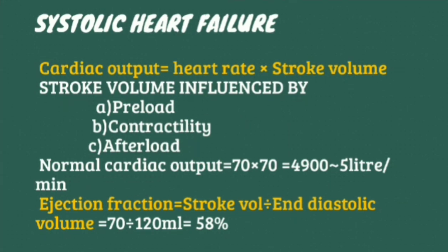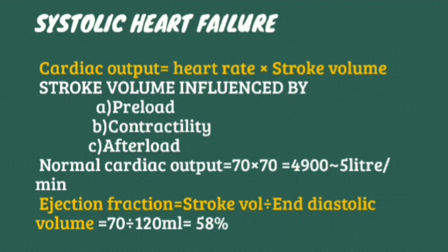The whole blood in the left ventricle will not eject to the aorta. If the total volume of blood in the left ventricle is 120 milliliters, about 70 milliliters of blood is ejected with each beat, and 40 milliliters remains in the left ventricle. Here, we have an equation for the ejection fraction.